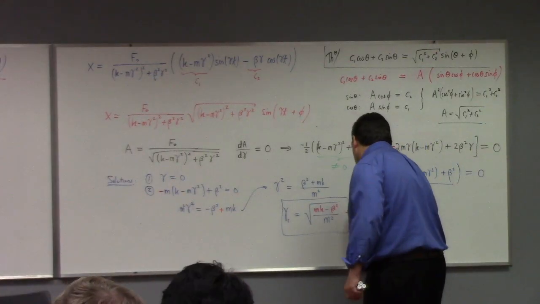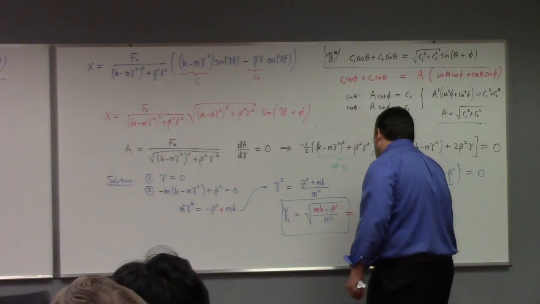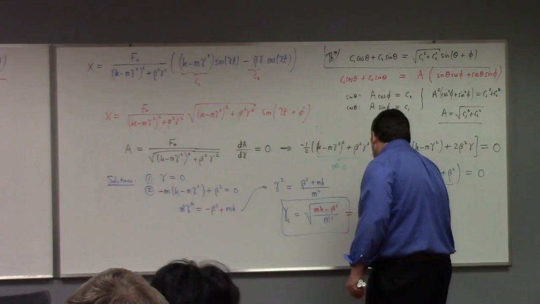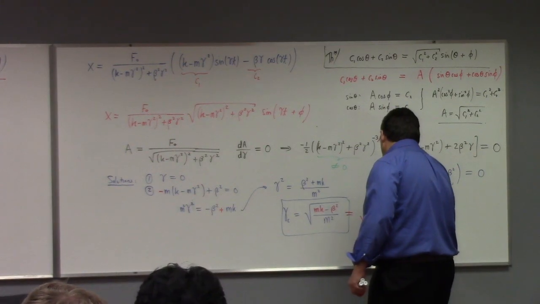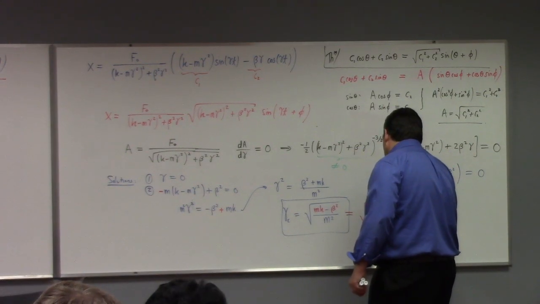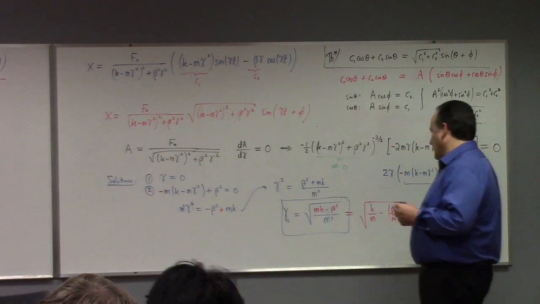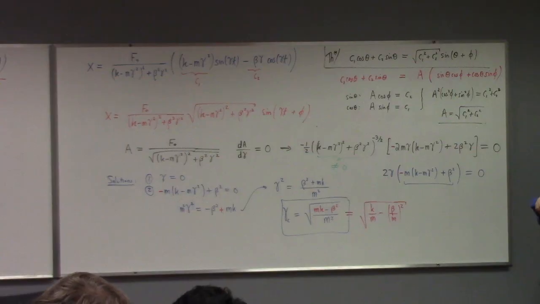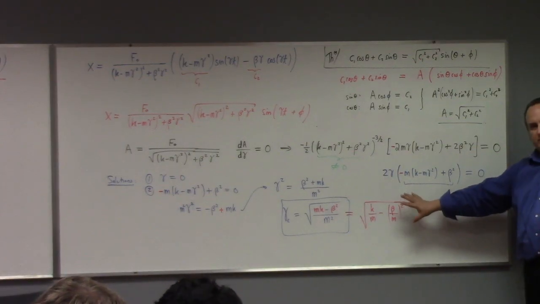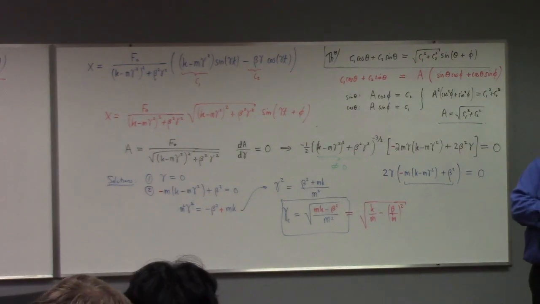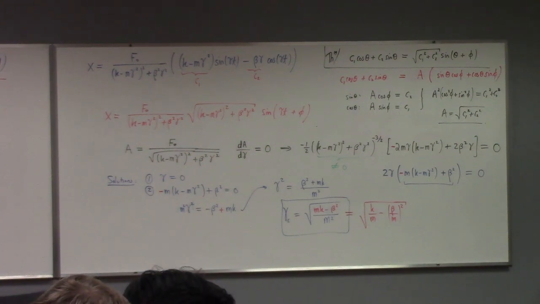Which, of course, we could also rewrite as the square root of k over m minus beta over m quantity squared, which might be an interesting way to look at it. So what happens when beta equals 0? What does it reduce to? And does that make sense in a limiting sense? What would beta equal to 0 be in this system?